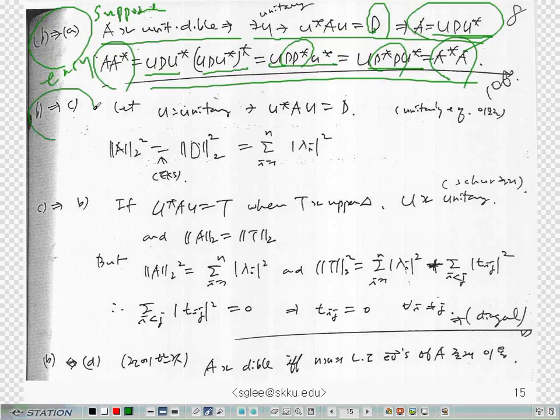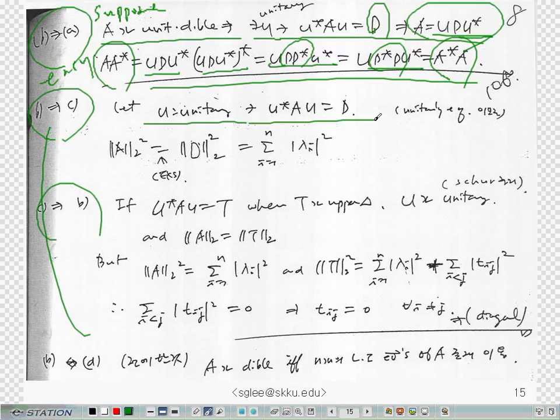Okay. Next. Show B implies C and C implies B. Here we want to show that when A is unitarily diagonalizable, then we satisfy this.